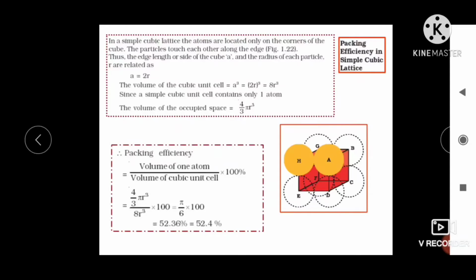What is the volume of the cubic unit cell here? 8r cube. If we substitute the values, we get 4 by 3 pi r cube divided by 8r cube into 100, equal to pi by 6 into 100, which is equal to 52.36%. Thus, 47.6% volume is empty.